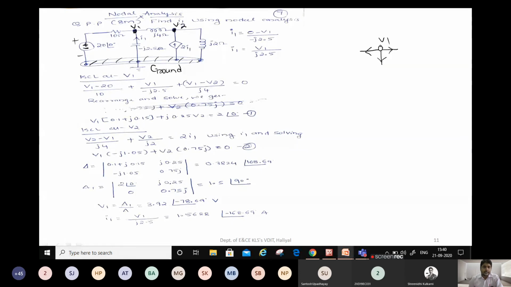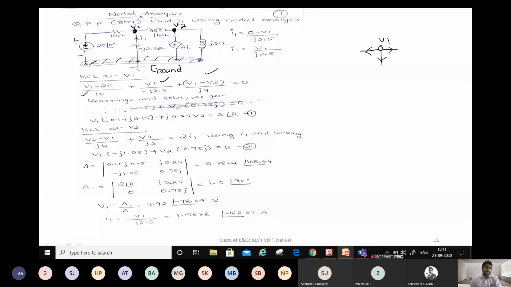So based on this, if I write the KCL equation, what I will get is (V1 minus 20) divided by 10 ohms, the first term, plus (V1 minus 0), that is ground, or simply V1 divided by minus j2.5 ohms, the second term, next (V1 minus V2) divided by j4 ohms.